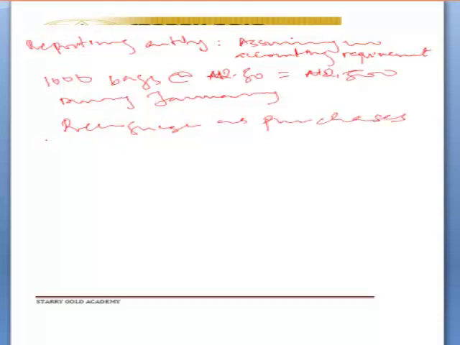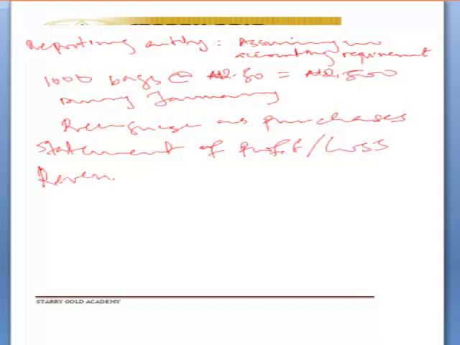So when he's going to prepare a statement of profit or loss, he's going to recognize what we call revenue. He knows that he has actually sold a portion of it in the financial period. He sold 30 at 6 naira each, so what he will recognize as his revenue is going to be 180 naira.